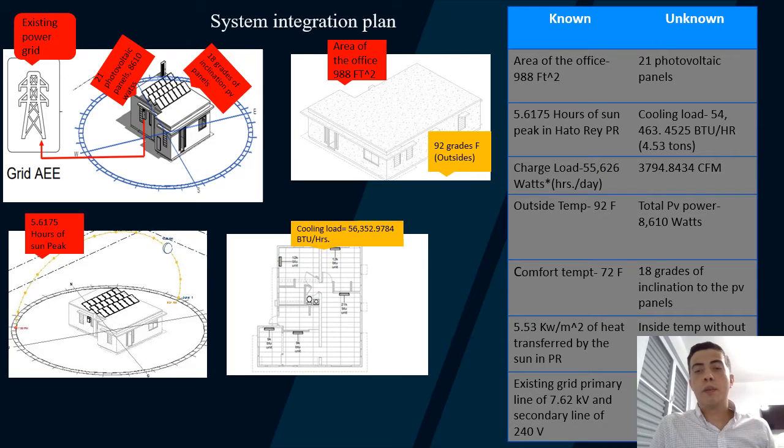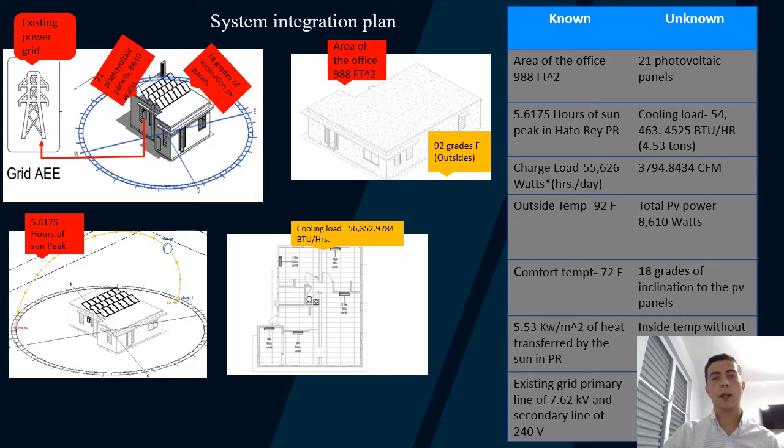The heat transfer by the sun in Puerto Rico, that is 5.53 kilowatts per square meter, and the existing primary line of grid in the house.